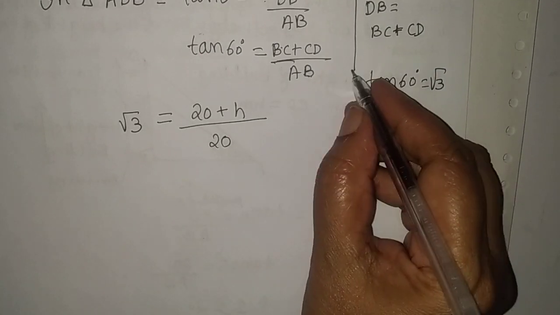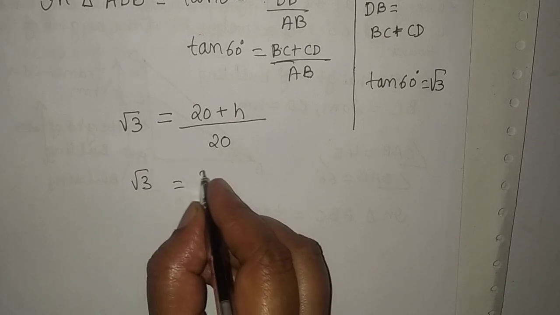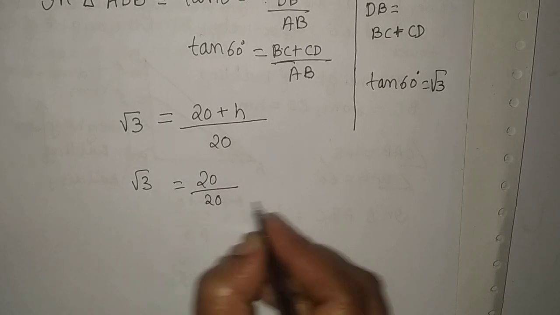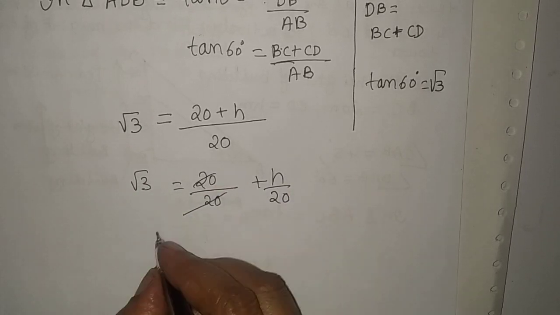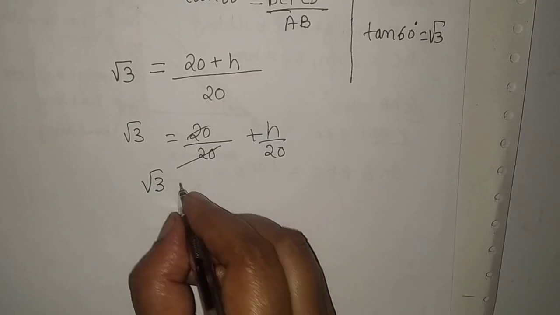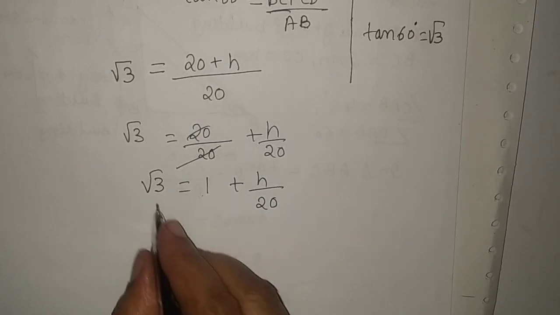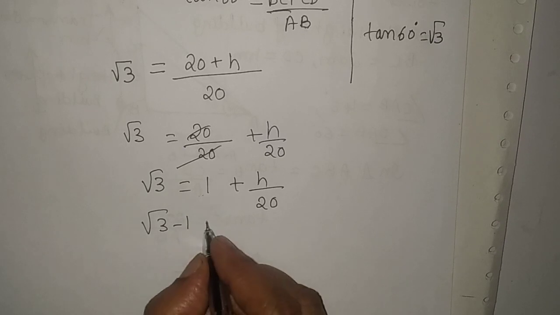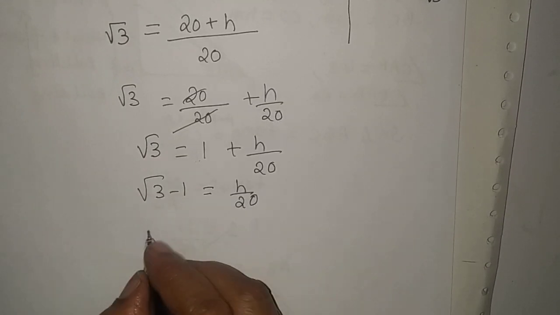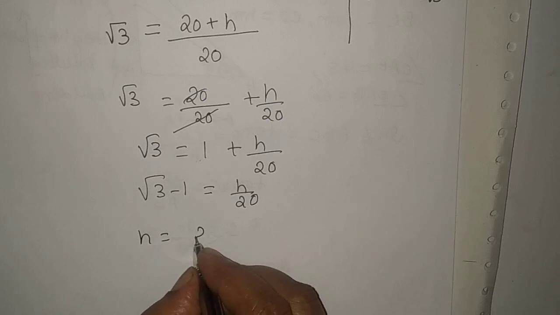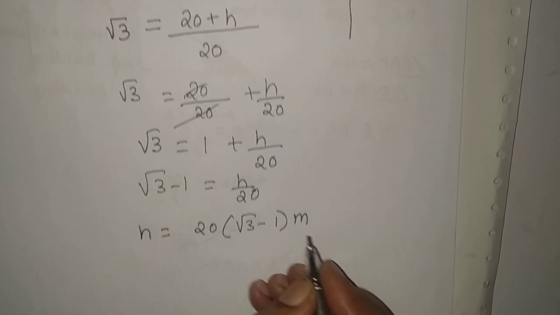So root 3 is equal to (20 plus H) by 20. Expanding this, 20 by 20 cancels, and we get root 3 is equal to 1 plus H by 20. Now bring the 1 to the other side: root 3 minus 1 is equal to H by 20. Therefore H is equal to 20 into (root 3 minus 1) meters.